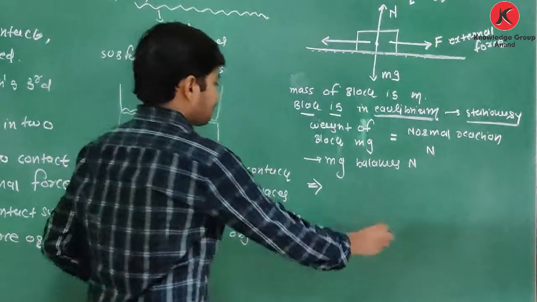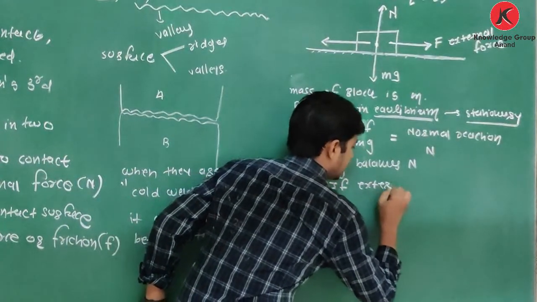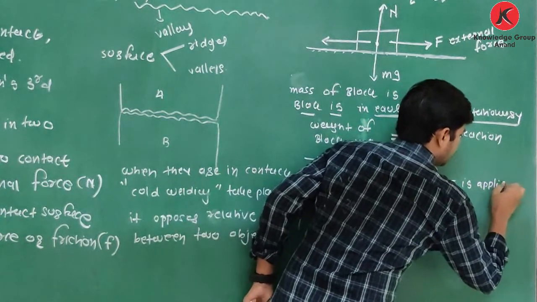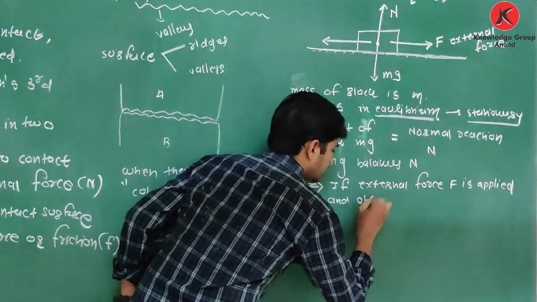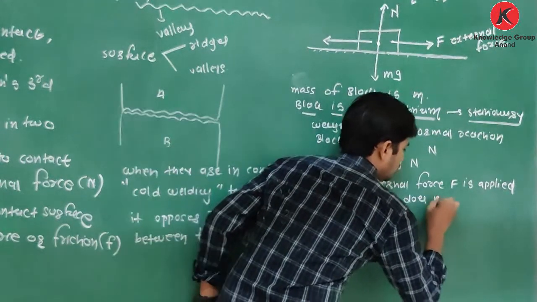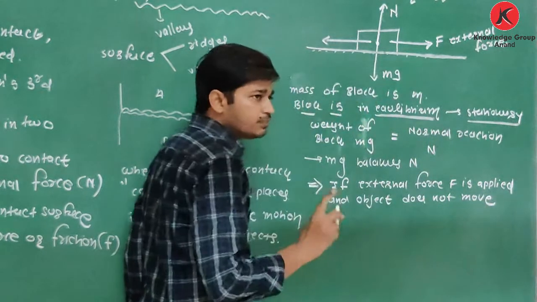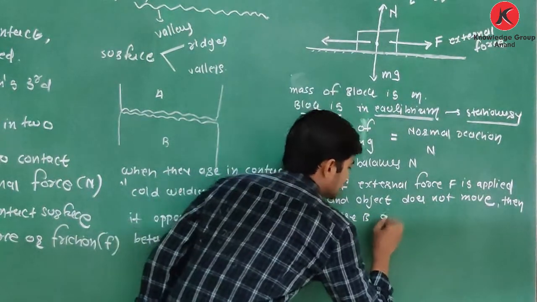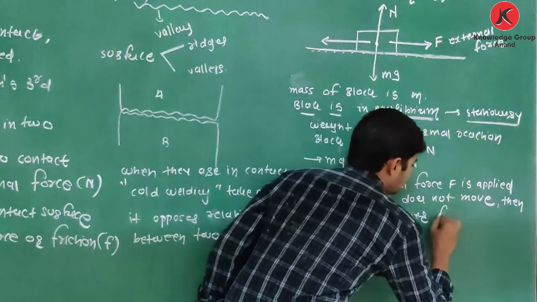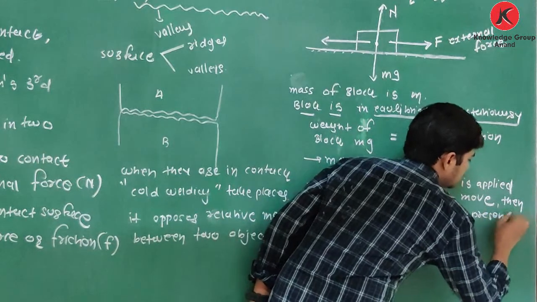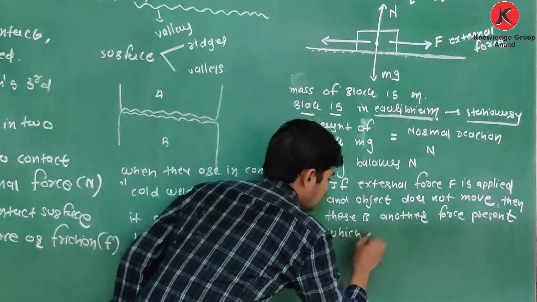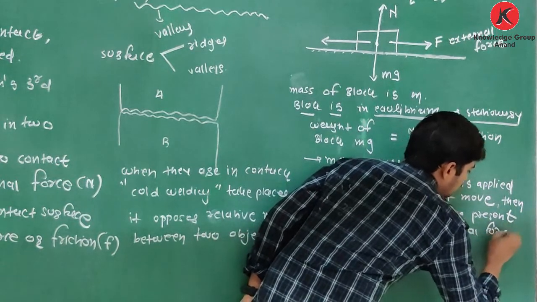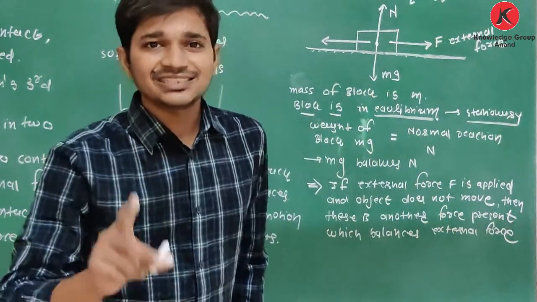So understand, if external force F is applied and the object does not move, it means there is another force present which balances the external force, and that force is nothing but the frictional force.